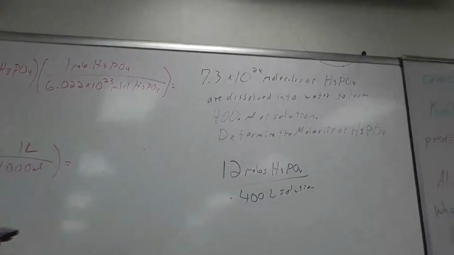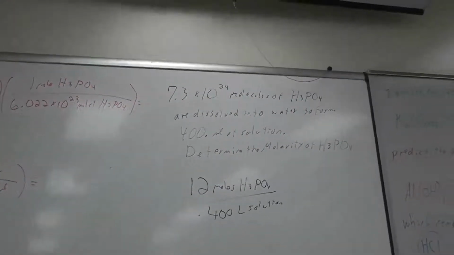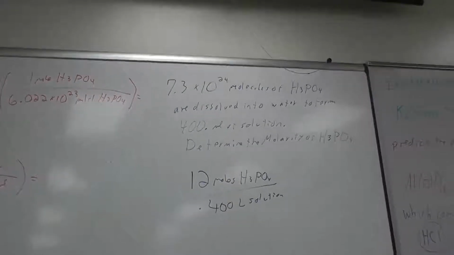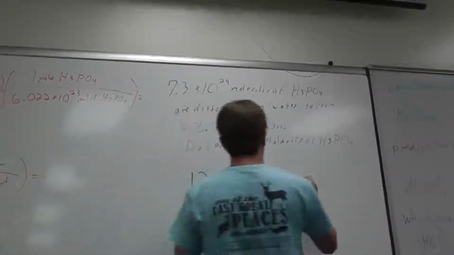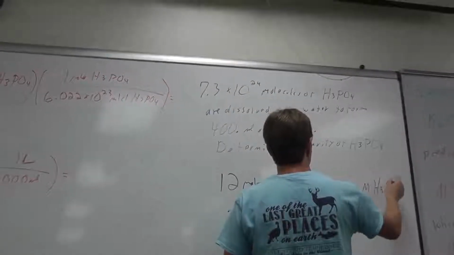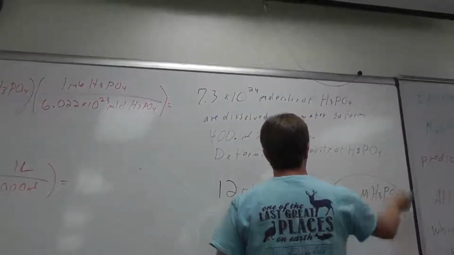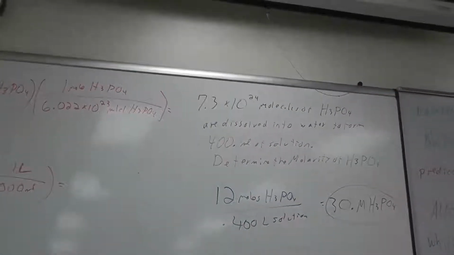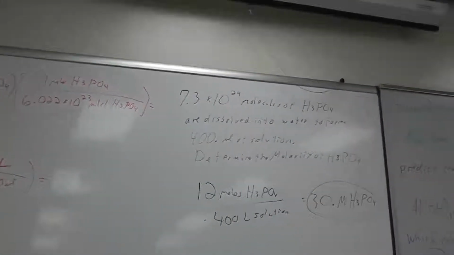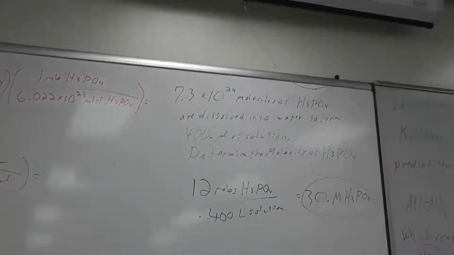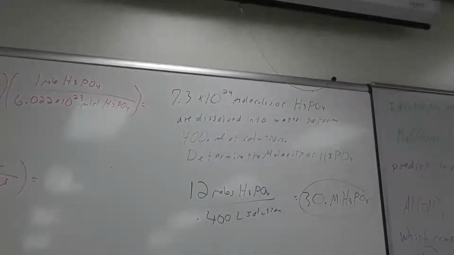So 12 divided by 0.4, 30. Comes out to be 30 molarity. Question about that one?